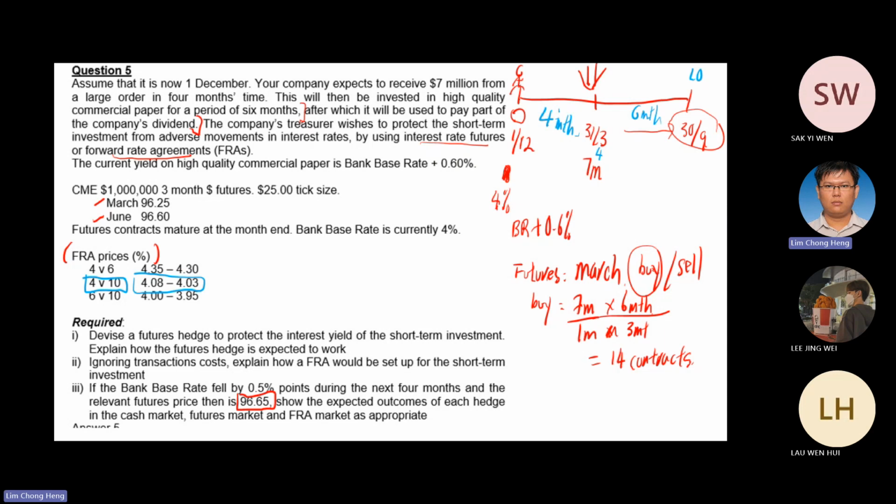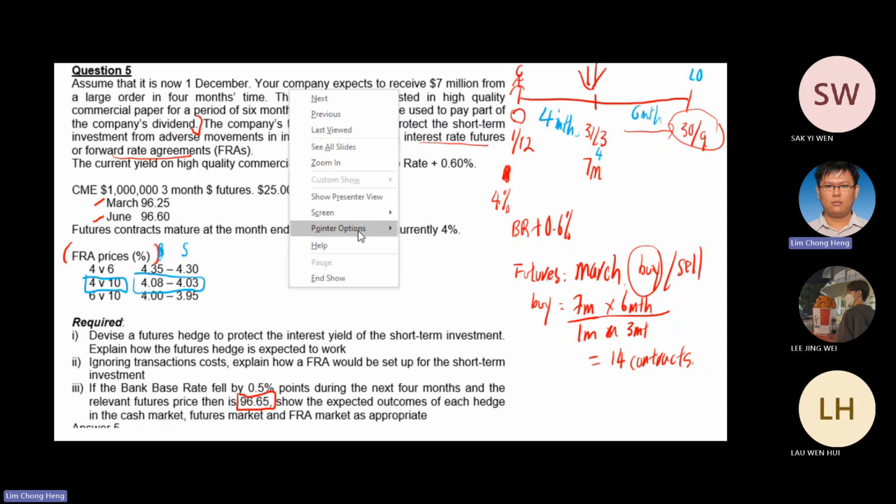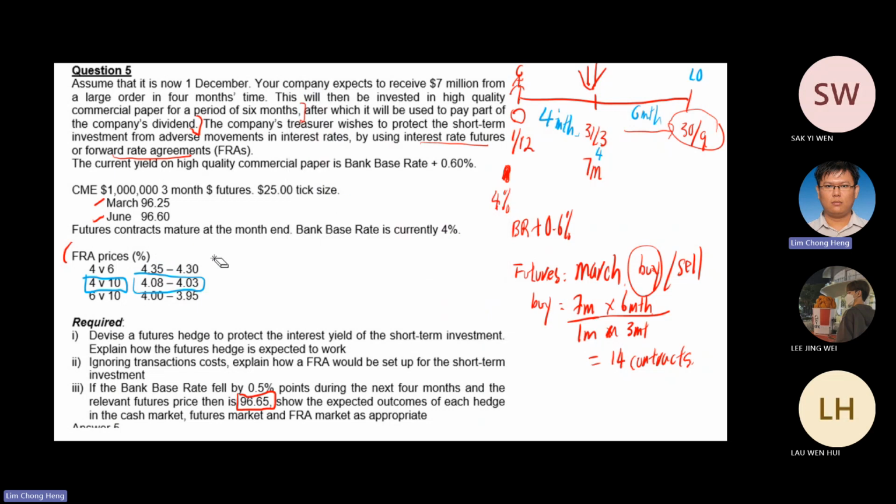We refer to the bank. So bank buy, bank sell. So you want to buy, sorry, I gave the wrong concept.